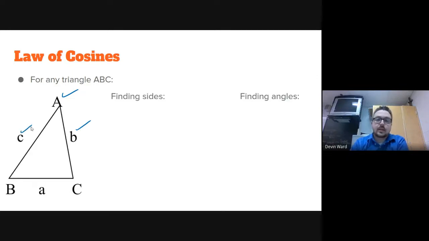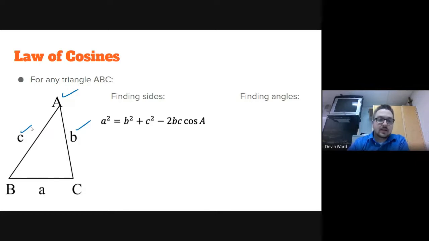So what we use is the cosine law for this. Okay. So what the cosine law looks like, we're going to do three different versions for every unknown variable, but it's really the same law, we're just switching up the letters depending on which angle or which side we're looking at. Okay.